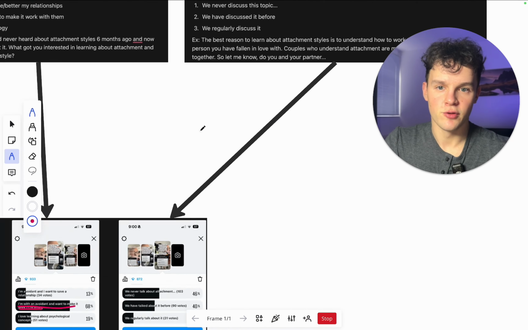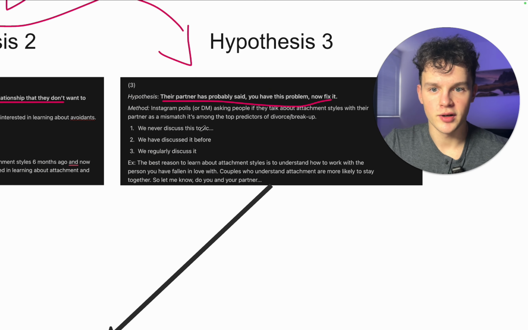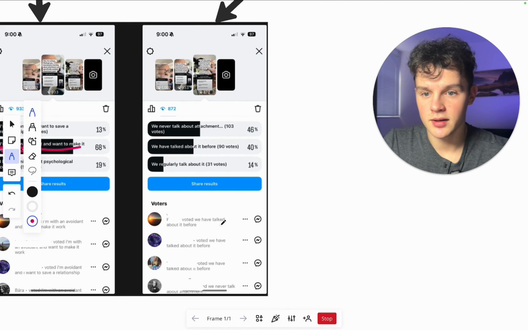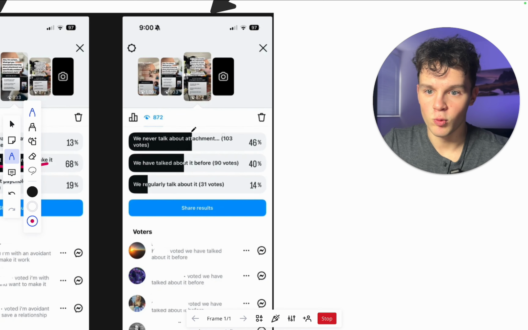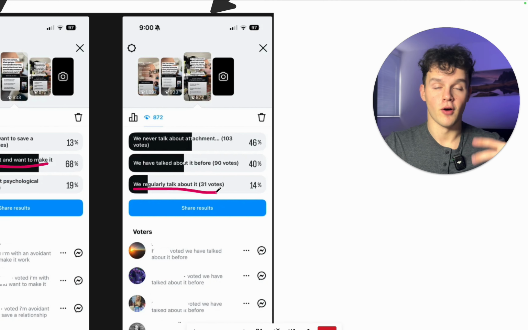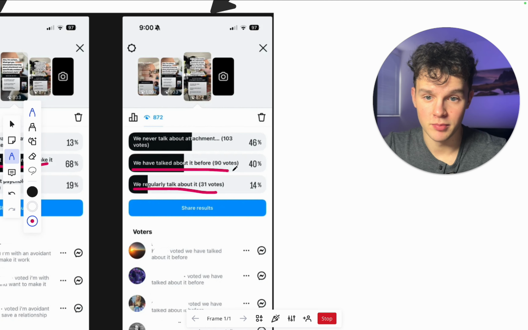And then the third hypothesis, as I already mentioned, was that their partner has probably said, you have this problem, now fix it. And from here, we obviously assumed the first one was we regularly talk about it. This would have been the proof of our hypothesis, or at least we have talked about it before.